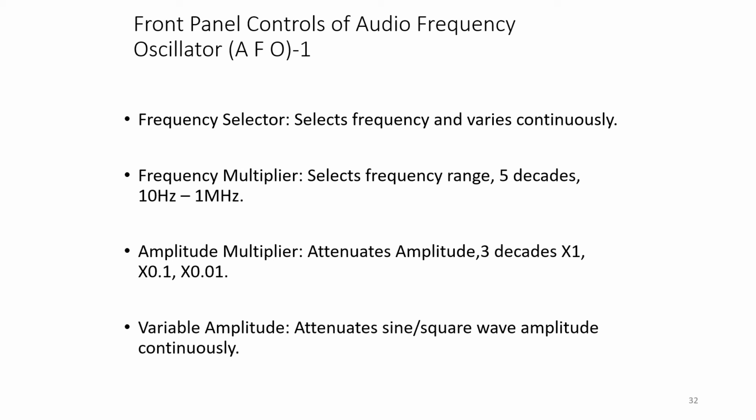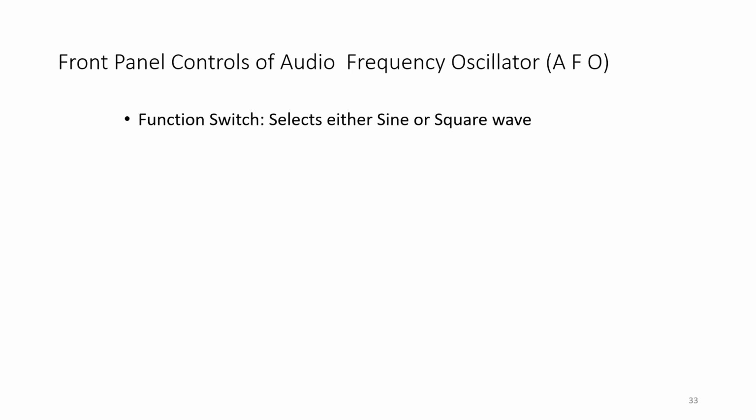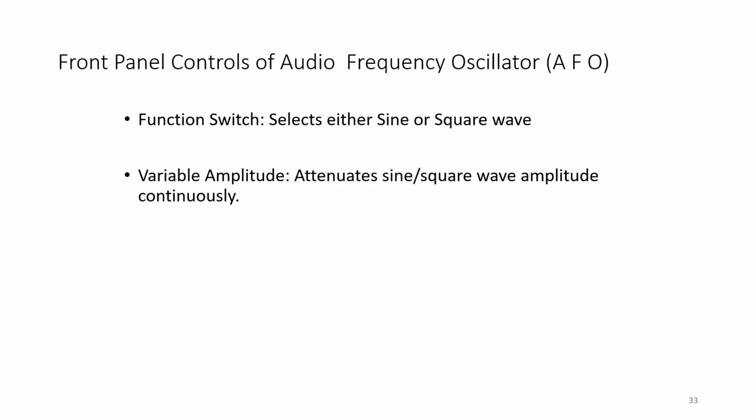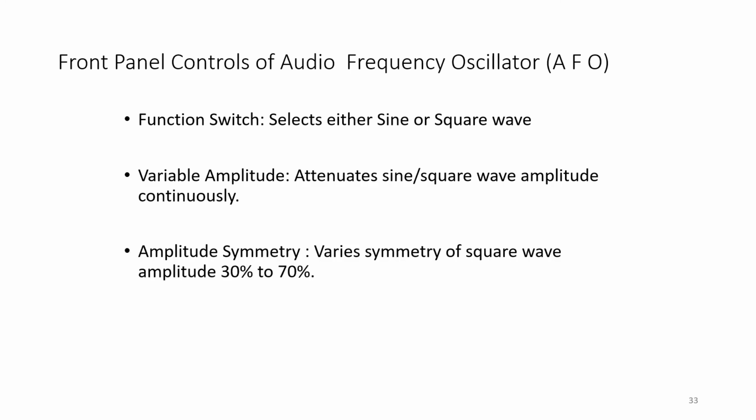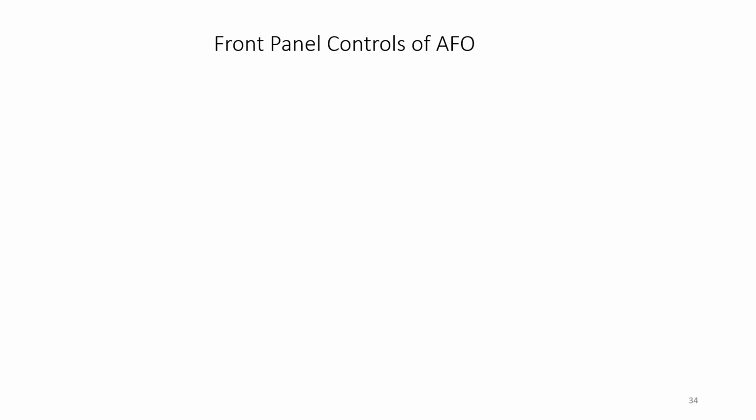So the variable amplitude attenuator, depending upon the switch position, attenuates the signal and gives the output. The function switch, variable amplitude switch, and the amplitude symmetry, which varies the symmetry of the square wave amplitude from 30% to 70%.